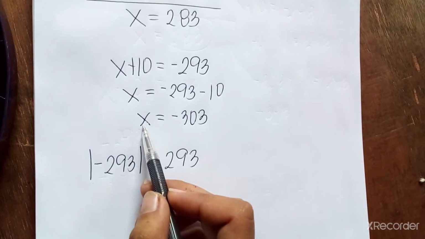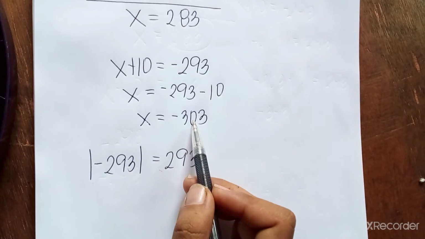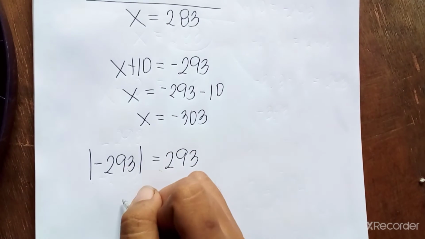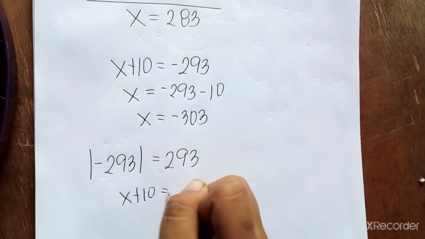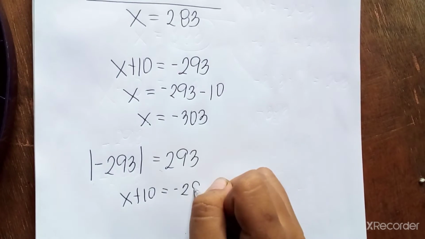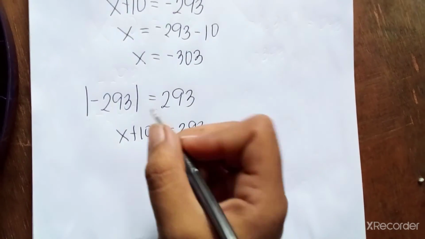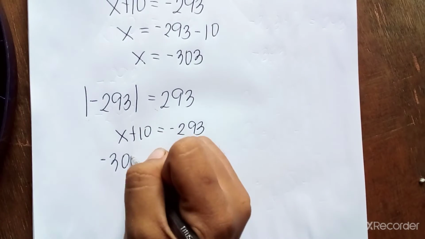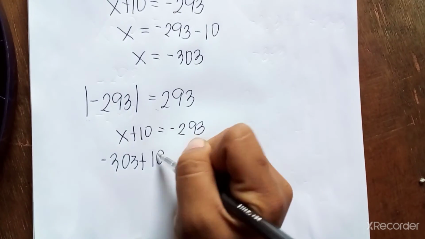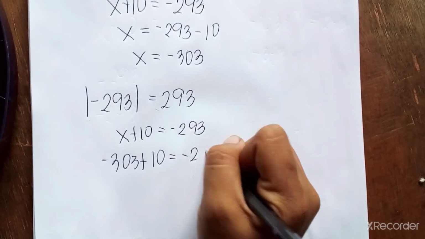Because if we substitute this value into x, we have x plus 10 equals negative 293. We have negative 303 plus 10 equals negative 293.